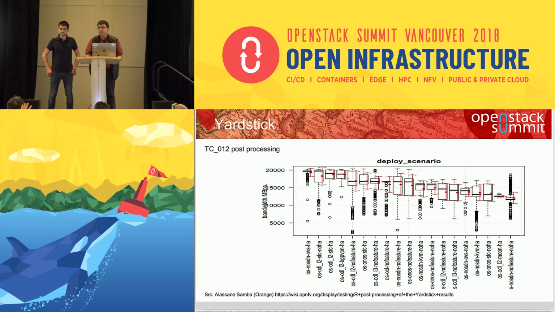Yes? About the stability of the tests, have you found that you get a lot of false negatives, where you would run it and it would fail because of the test itself? Okay, so that's a good question. I expected at the beginning that we would get lots of false negatives. We run daily these three hours of tests, and at the beginning everything is perfect.